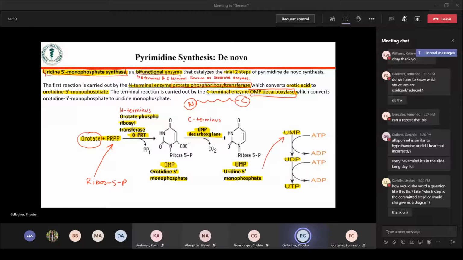Your N-terminus is known as OPRT, or this long word, but I think she likes the abbreviations. Either way, whatever makes you comfortable. And then it will make OMP. After that, the C-terminus will act on it as OMP decarboxylase, and it will make UMP. From UMP, you can add ATP to make UTP, but the main point here is this is how you make UMP.